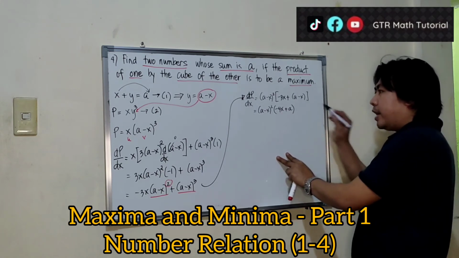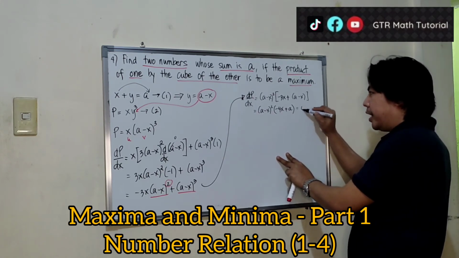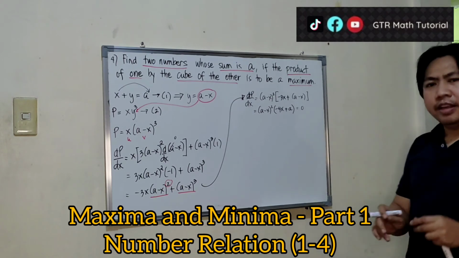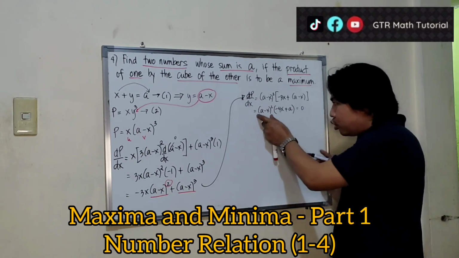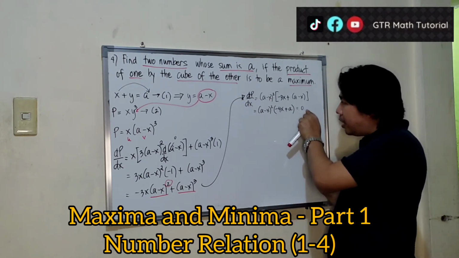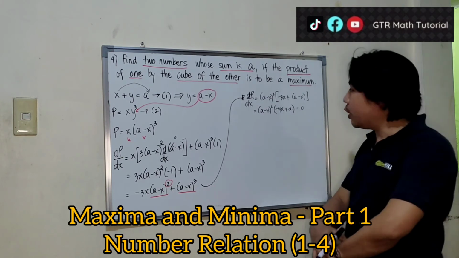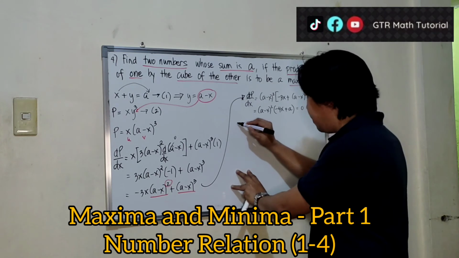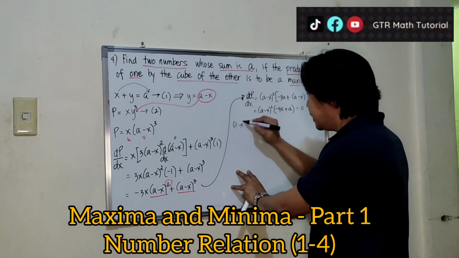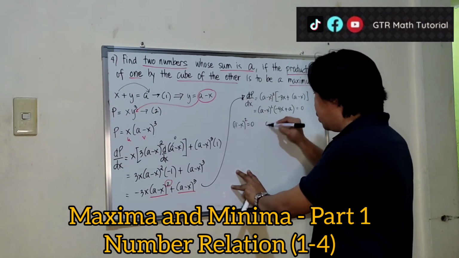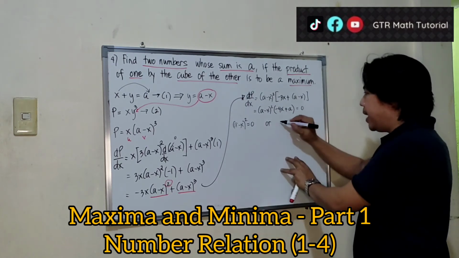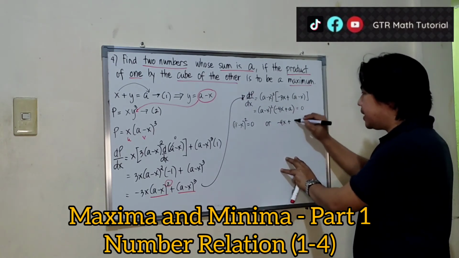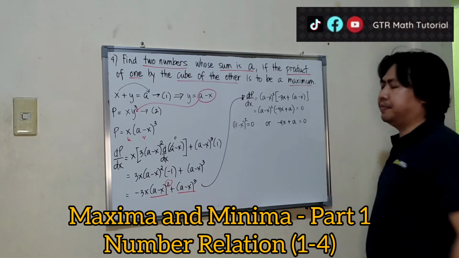Okay? Then we can equate to 0. Since we have 2 factors, and that is equal to 0, we can equate each factor to 0. So we have a minus x squared equals 0, or we have negative 4x plus a equals 0.